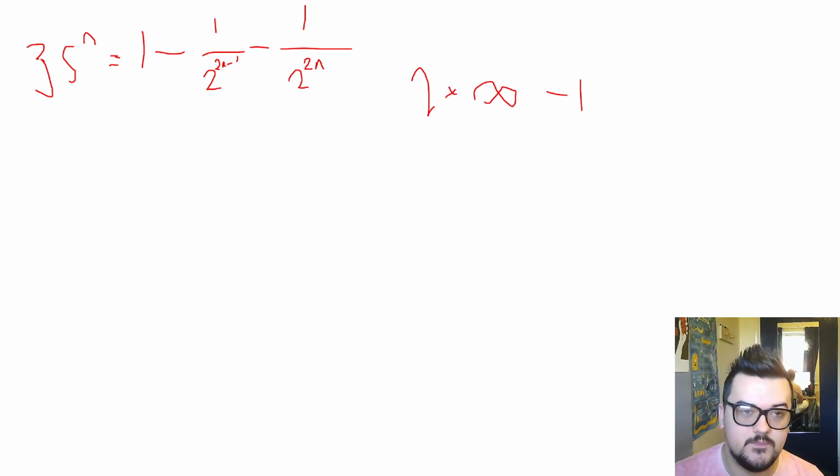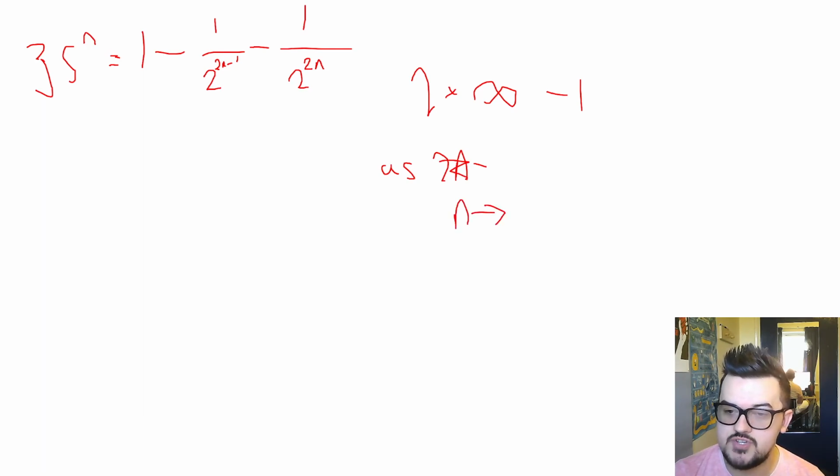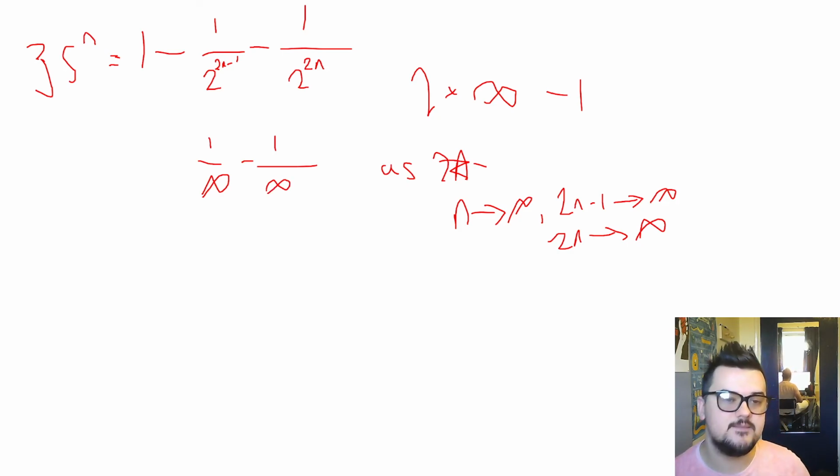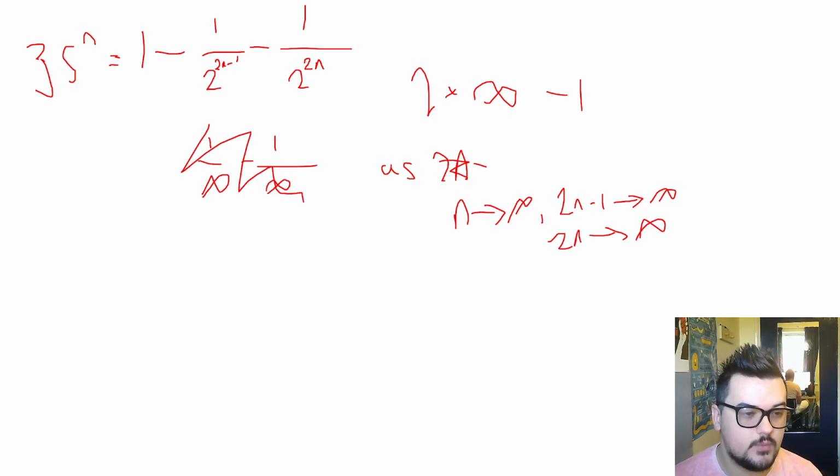So we just say that as n approaches infinity, 2n minus 1 approaches infinity. 2n also approaches infinity. These two fractions here then, so we have 1 over effectively infinity minus 1 over effectively infinity. 1 over infinity we just say is 0. So we have 1 minus 0 minus 0. These things just cancel out. So we now have 3 Sn equals 1.